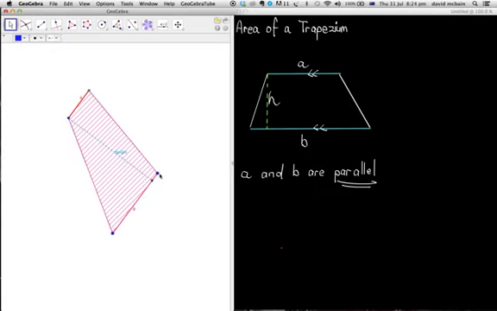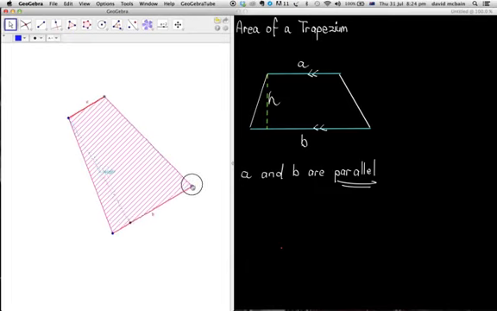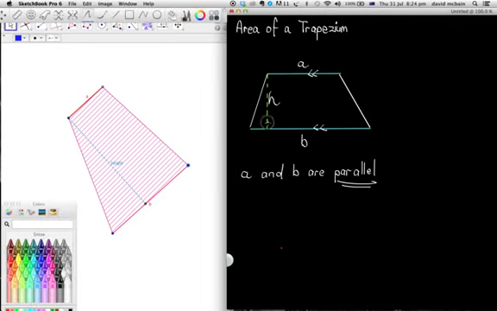Now notice how no matter where I position my trapezium, notice a couple of things. Line A and line B are always parallel to each other. And this height line here is always at right angles to B. So that's always got to be a right angle, a 90-degree angle between this height and the base of our trapezium.